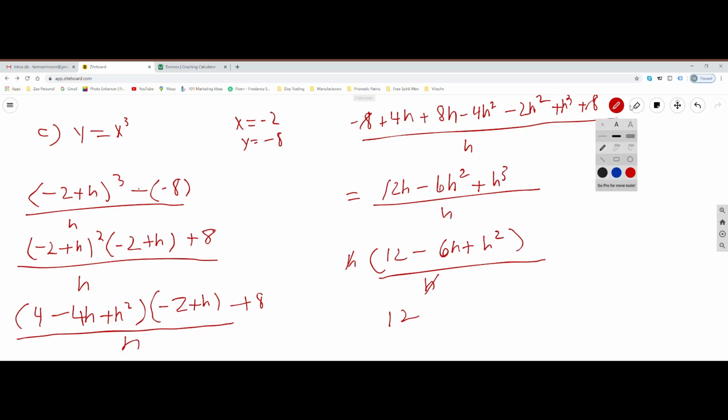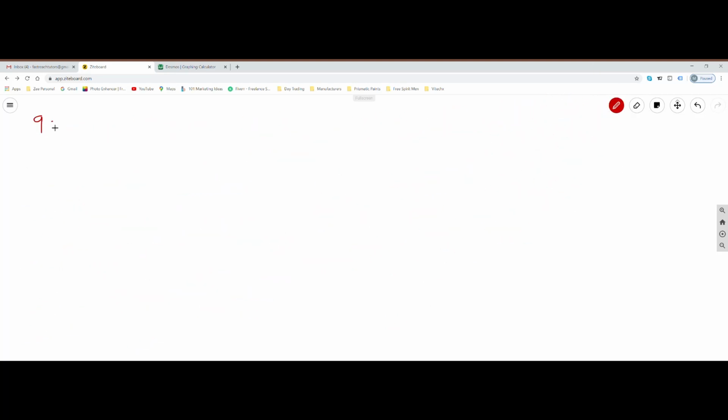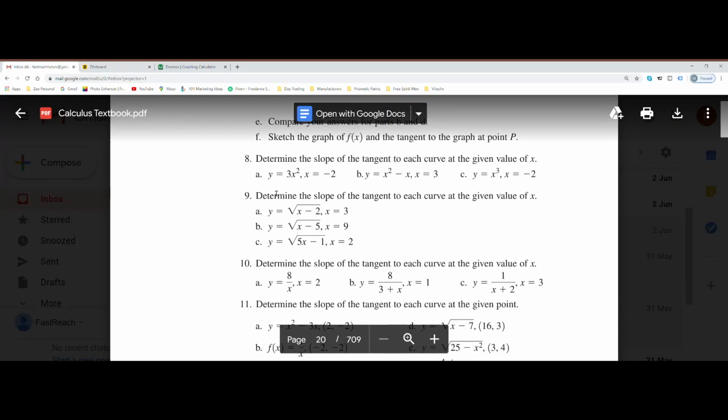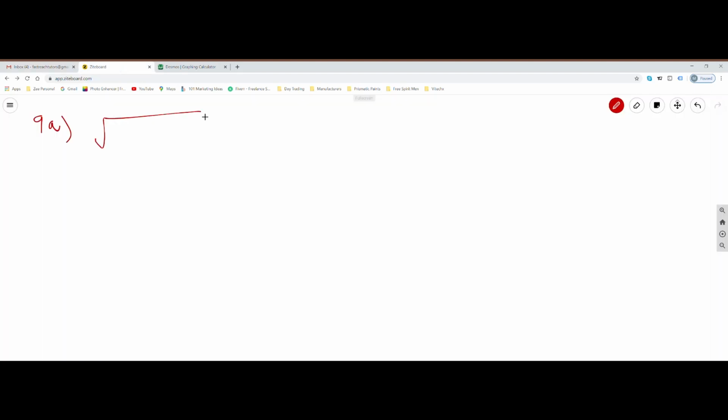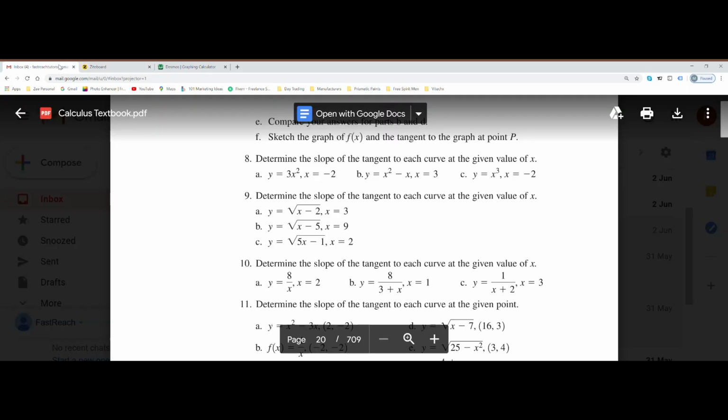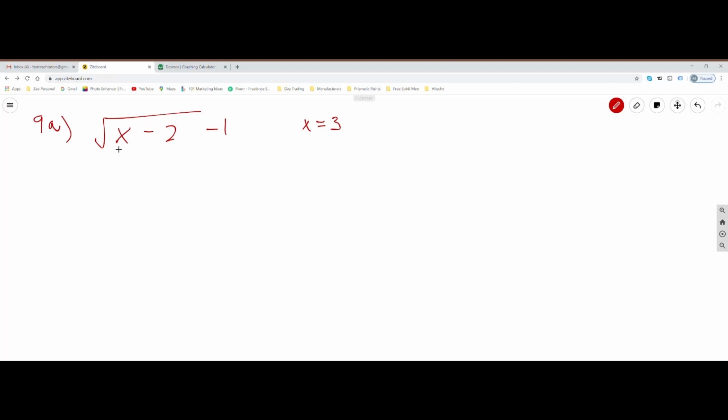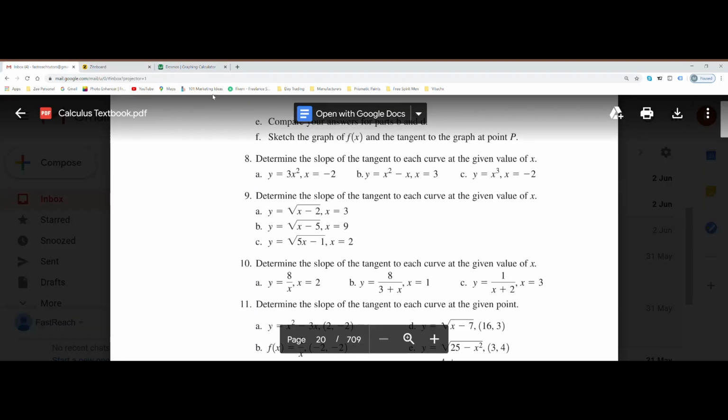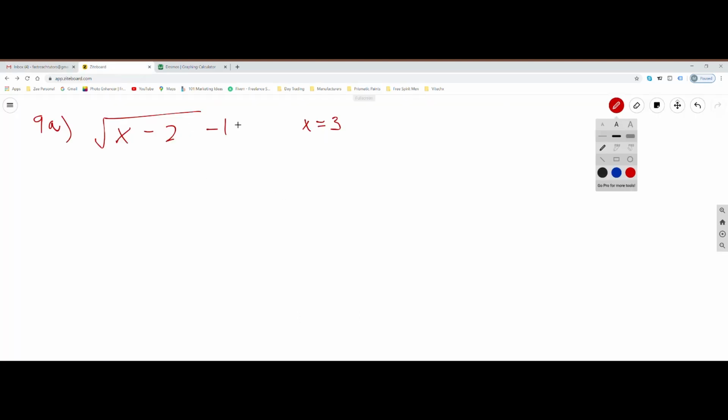So let's do 9a. x equals 3. So then if x equals 3, y equals 1.